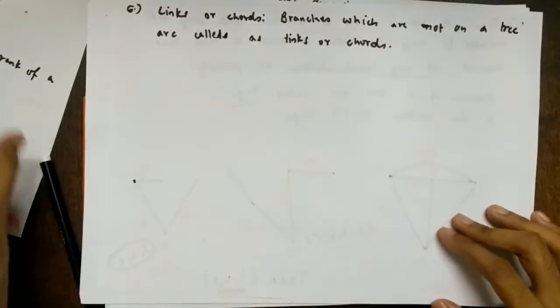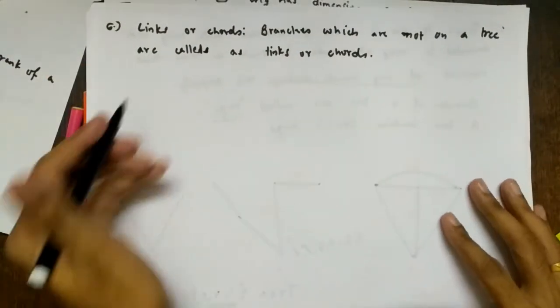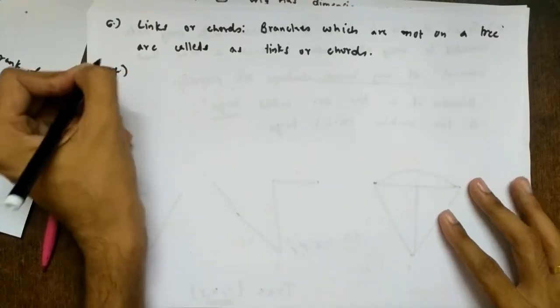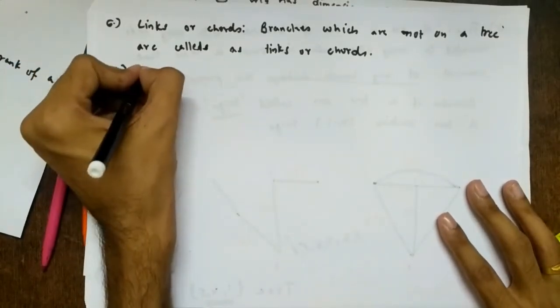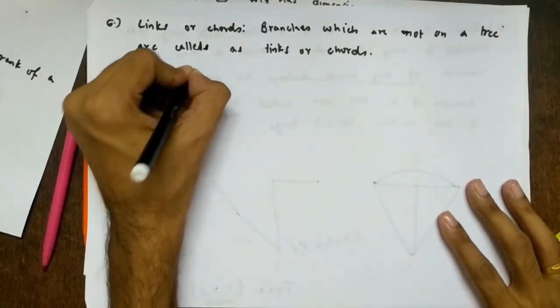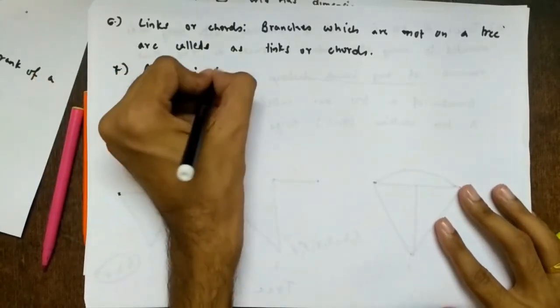Then we have, finally, the last definition. It is called a cotree. So what is a cotree?